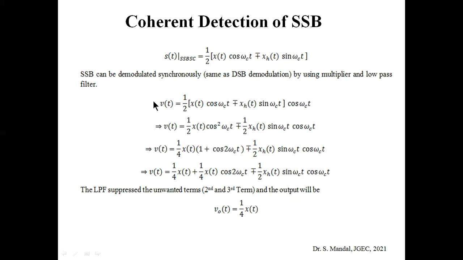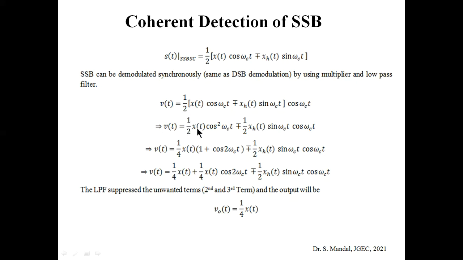At the receiver end there is another multiplier. The inputs of the multiplier are the received SSB signal and the locally generated carrier. So the output of the multiplier is v(t), which can be written as half x(t) cos omega ct minus plus half x_h(t) sin omega ct, into cos omega ct.